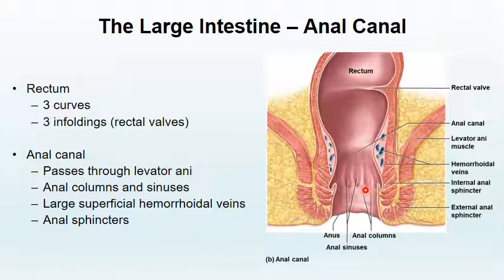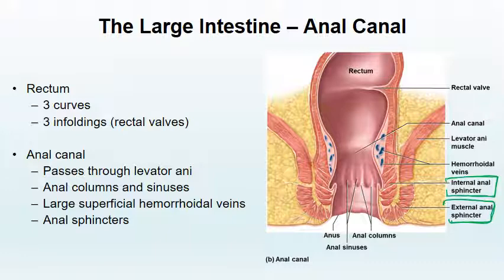Our anal canal is going to pass through some skeletal muscles. It is going to be closed off by 2 anal sphincters. So let me again highlight these. We are going to have an internal anal sphincter and an external anal sphincter. So we have 2 different muscle groups here that are controlling exit of feces out of the anal canal.